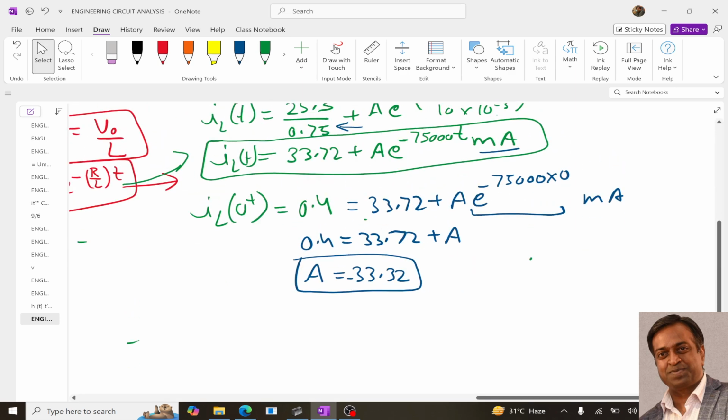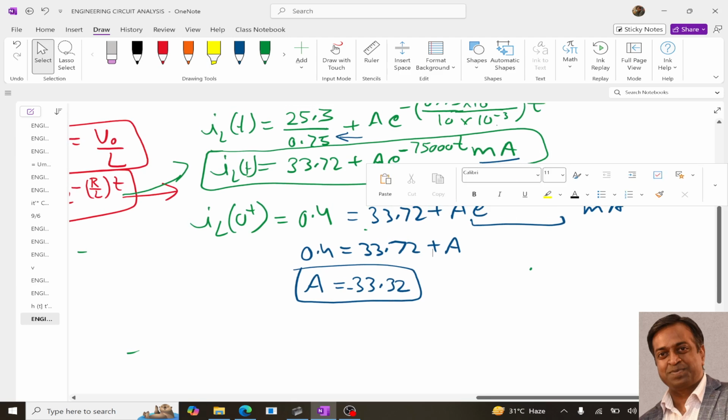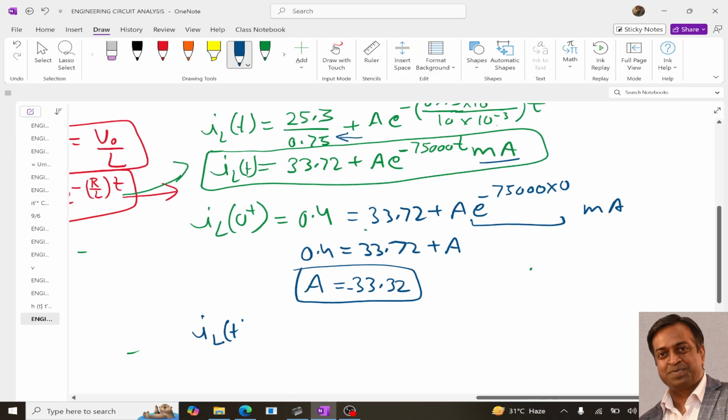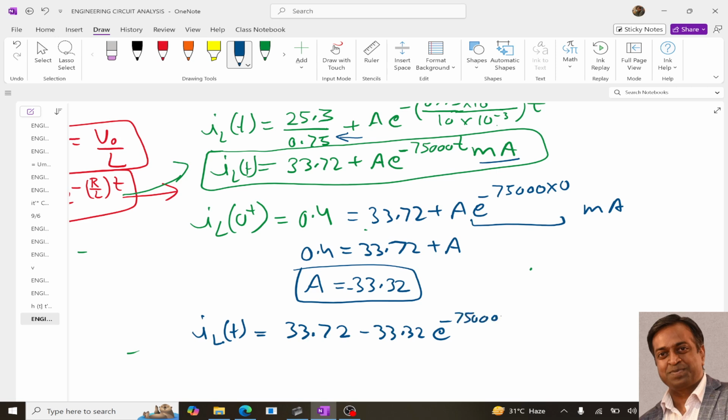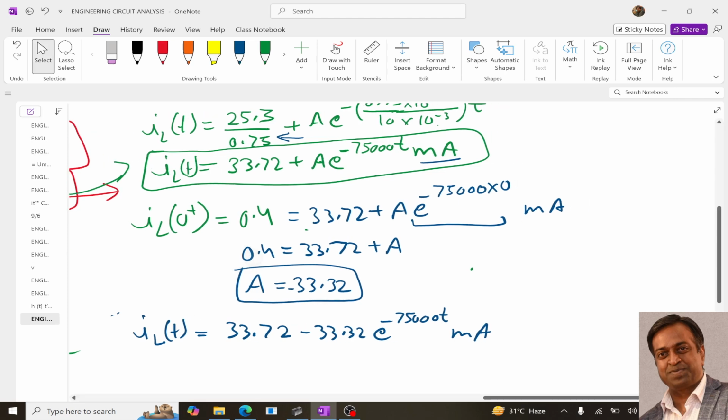So our inductor current expression is 33.72 minus 33.32 e power minus 75,000 t milliampere.